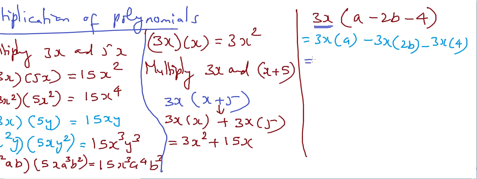Now 3x into this: 3xa, or 3ax, so it's better to write in alphabetical order. So 3ax, minus again 3 into 2 is 6, and x into b is xb or bx, and here minus 3 into 4 is 12, so 12x.